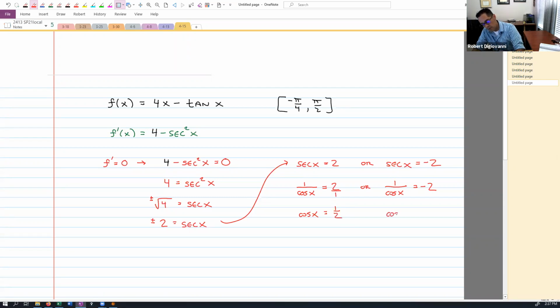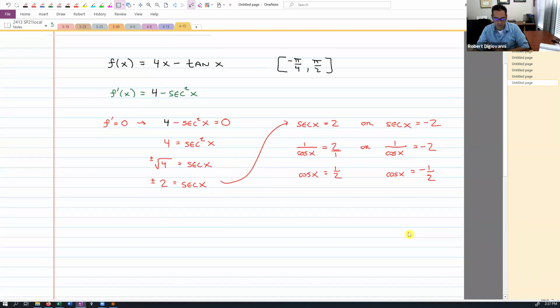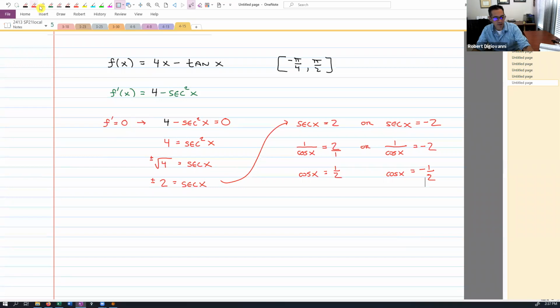Same thing on the right one: cosine x equals -1/2. So asking when is secant x 2 is the same as asking when is cosine x 1/2. And asking when is secant x -2 is the same as asking when is cosine x equal -1/2.